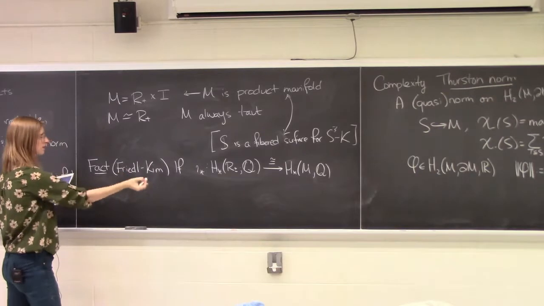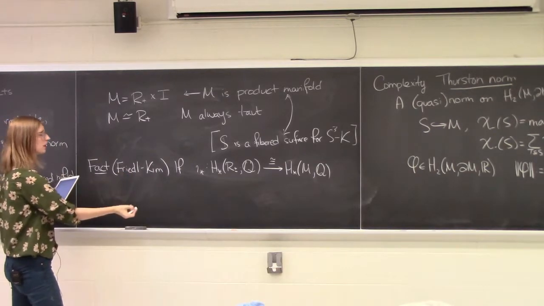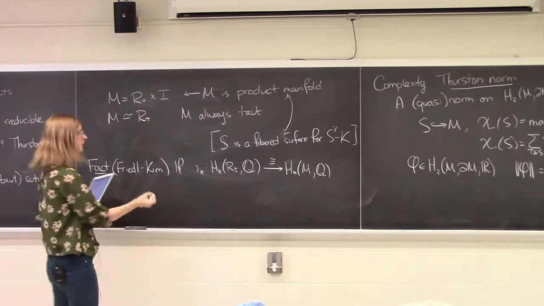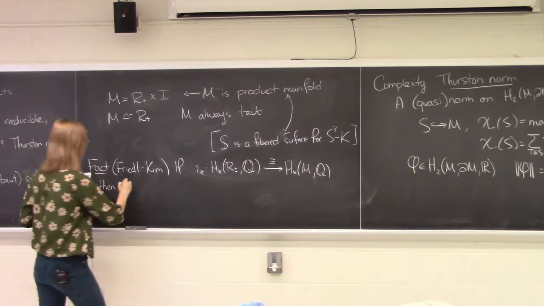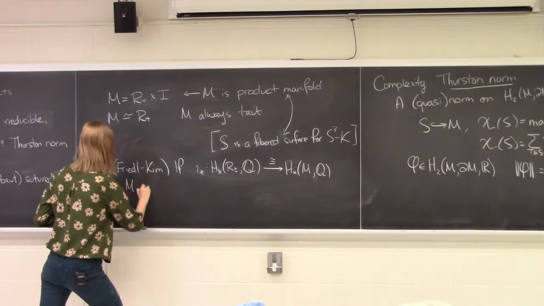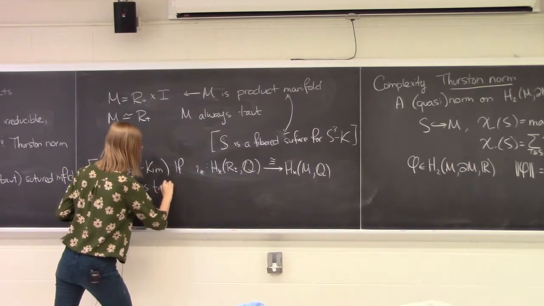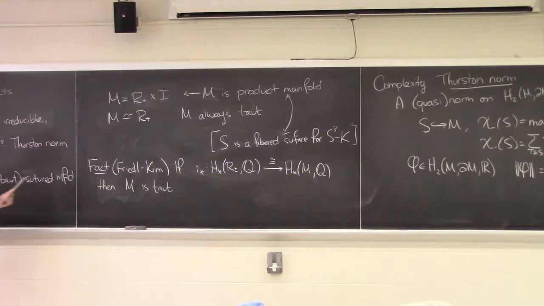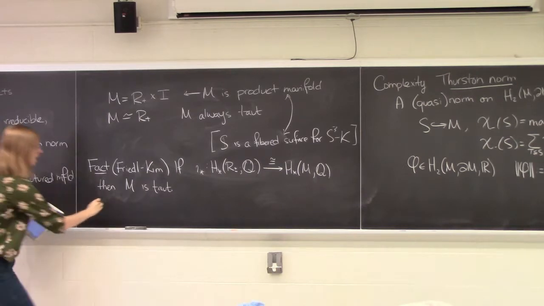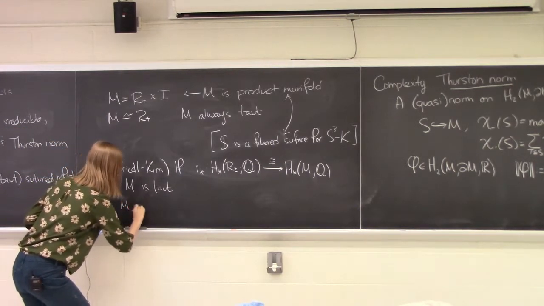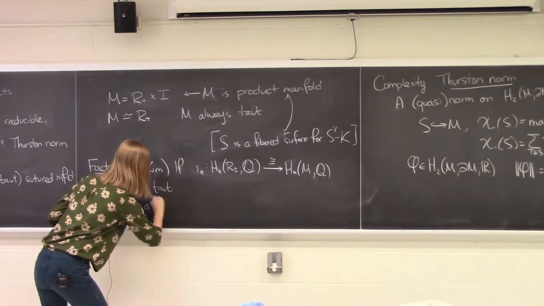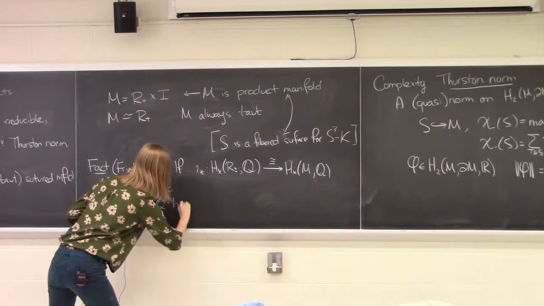If this is an isomorphism, this is saying that homologically our three-manifold looks like a product. And so our sutured manifold should be taut. In this case, we say that M is a rational homology product.